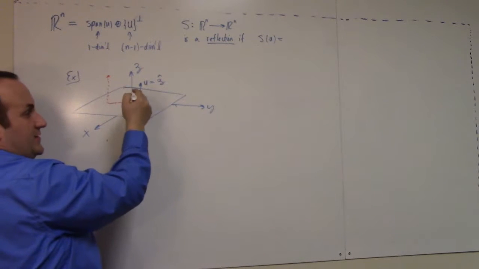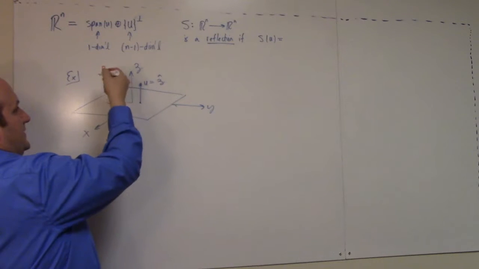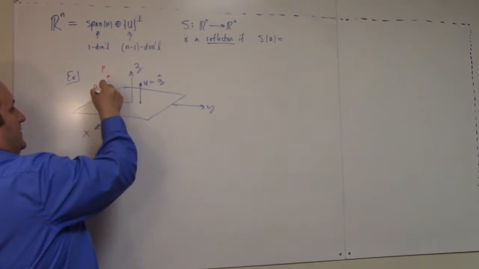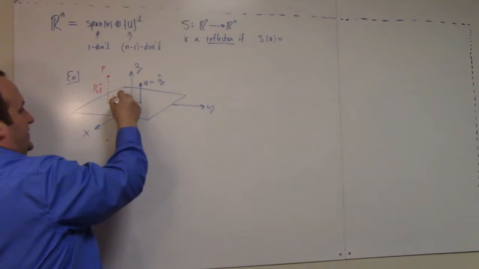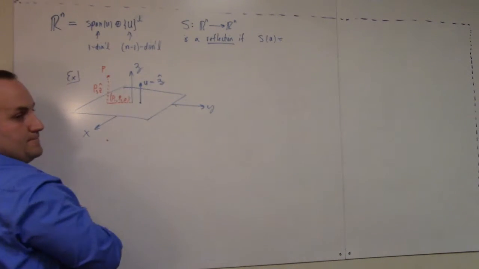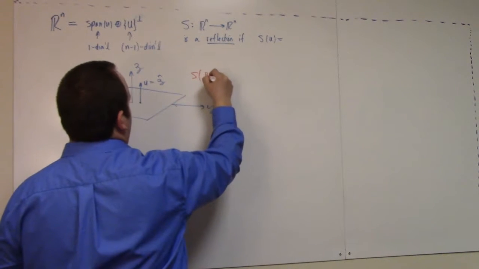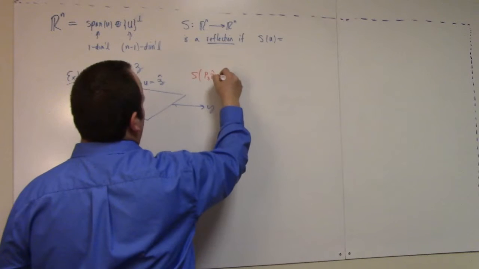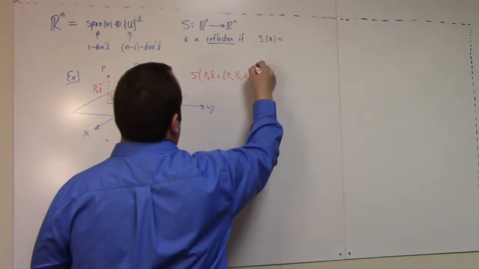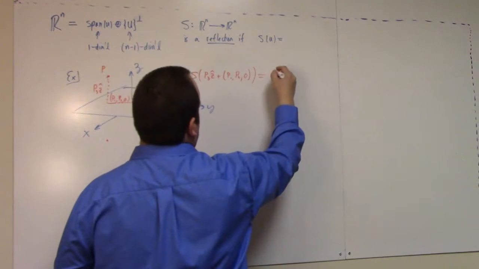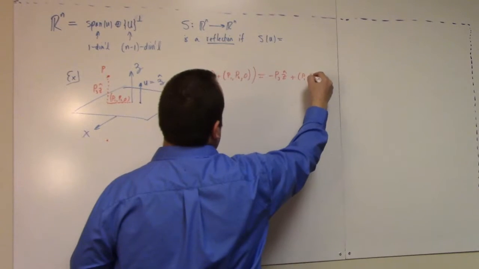This point P would be something like P3 z hat plus P1, P2, 0, okay? And so S of P3 z hat plus P1, P2, 0 is equal to minus P3 z hat plus P1, P2, 0.